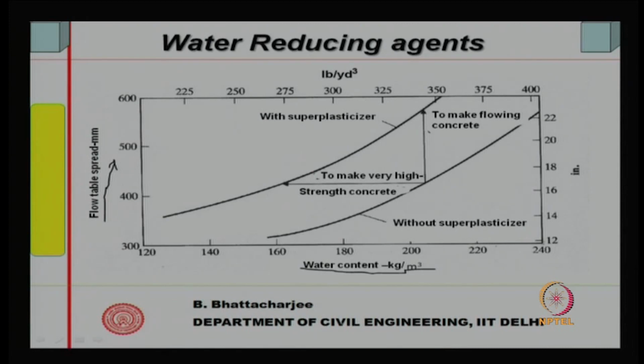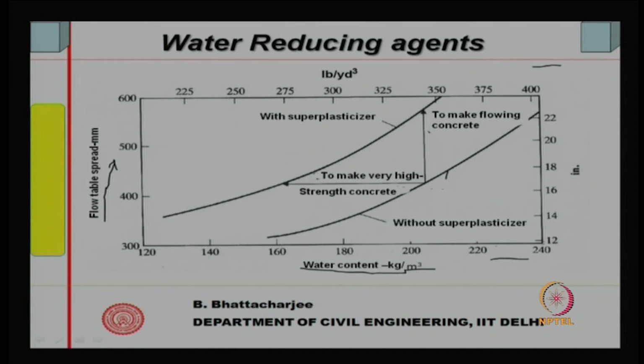So, if you use without superplasticizer, you want to increase the flow table spread, that is the workability, you shall be increasing the water content. So, you increase the water content, the flow table spread will increase, like this.